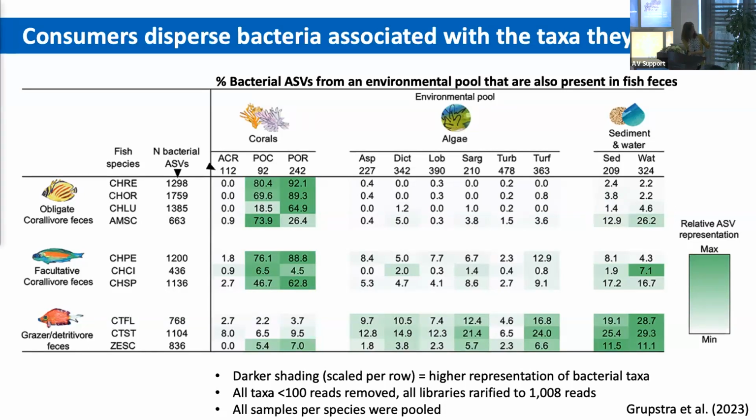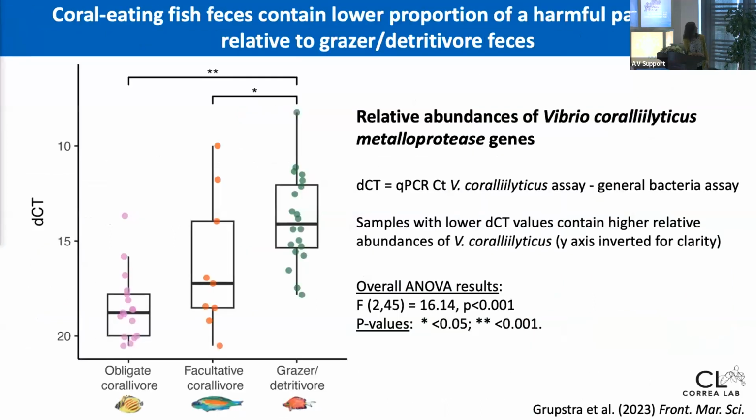So certainly it's looking like the coral eating fish feces might be something that would be good for supplementing coral associated microbes across a reefscape, whereas the grazer detritivores have something different in their feces.